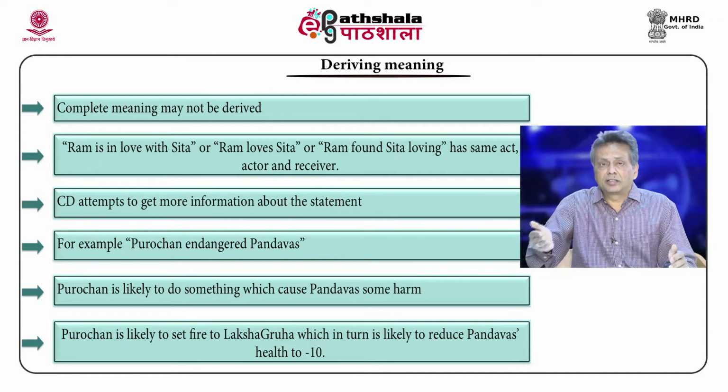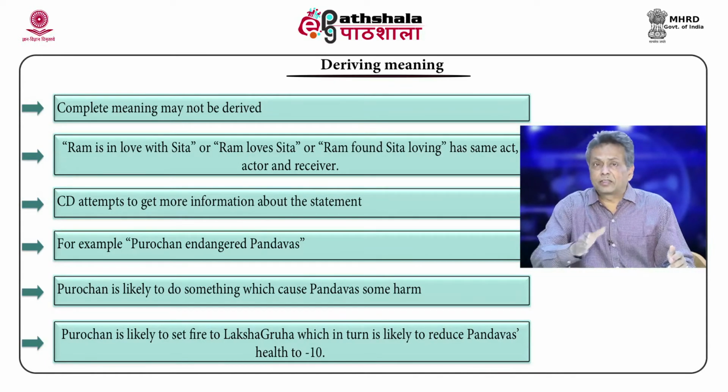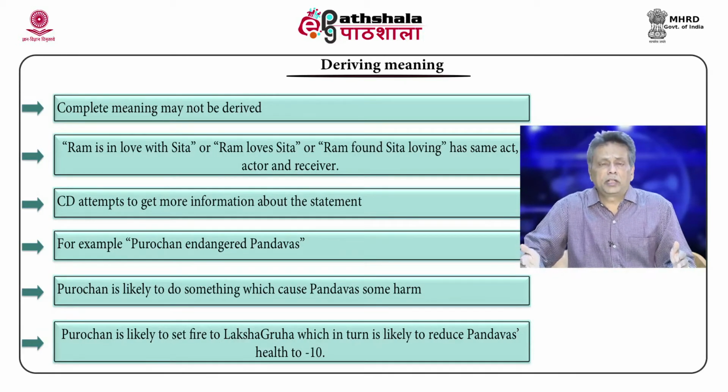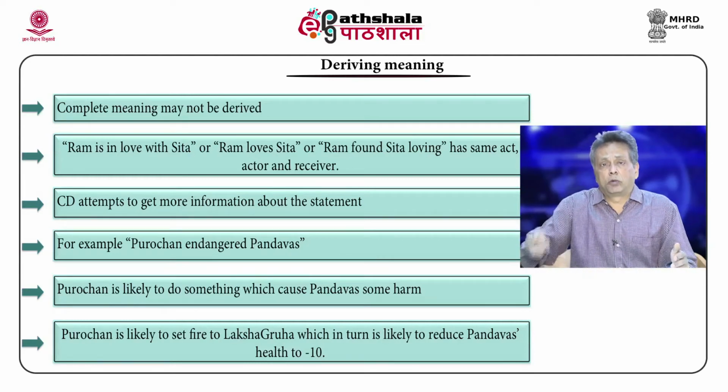You can understand that you are not representing love, but that is not the problem of CD. Please understand, that is the problem of language. We do not have something which can really represent love. Like in the earlier case, we looked at predicate logic representation when we defined brother XY, where both the parents of X and Y are the same. That is fine, it is a mechanical definition of a brother, but can you really define a brother that way?